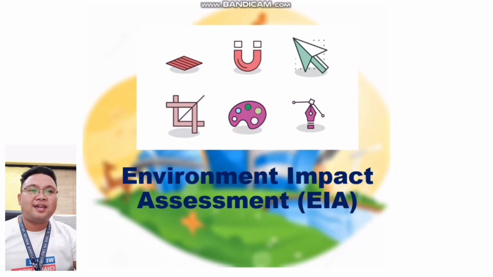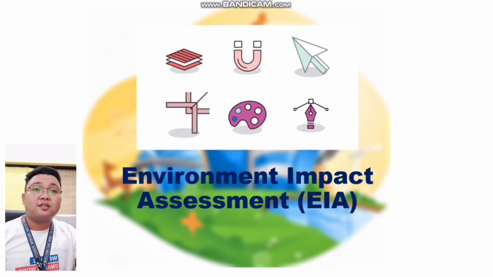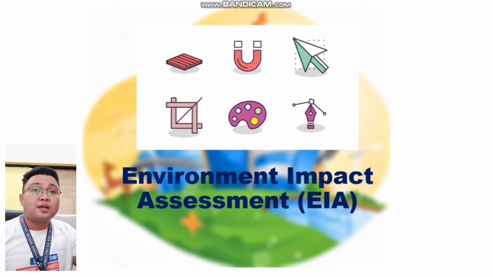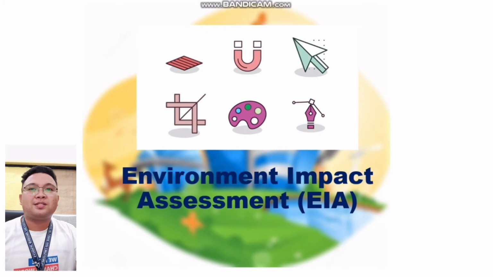So what is EIA? EIA is a tool that aids public decision makers in making decisions about projects that have significant environmental impact. EIA is a specialized tool for road building, industrial facility construction, dams, or shopping malls.